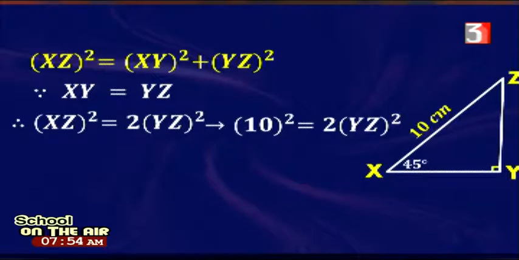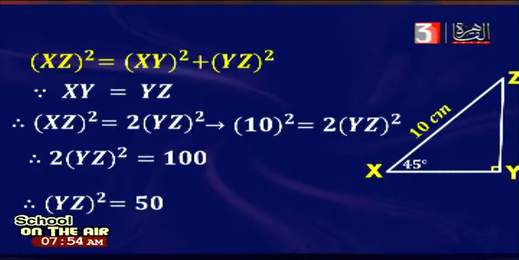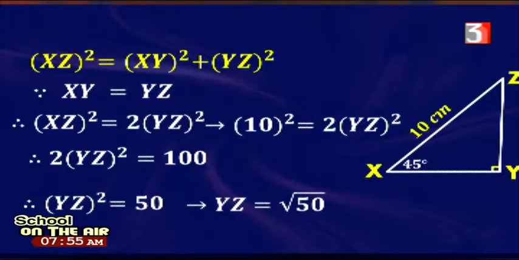By dividing both sides by 2, you are going to find that YZ to the power of 2 equals 50. And by taking square root for both sides of such an equation, you are going to find that YZ equals root 50, which is equal to 5 root 2 centimeters. Then you have obtained YZ as 5 root 2.